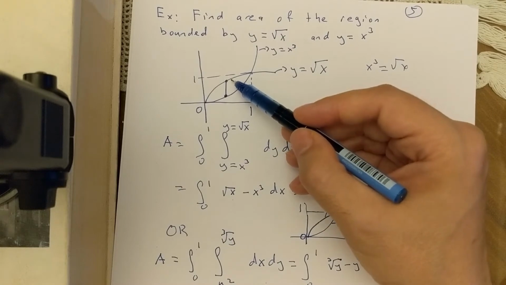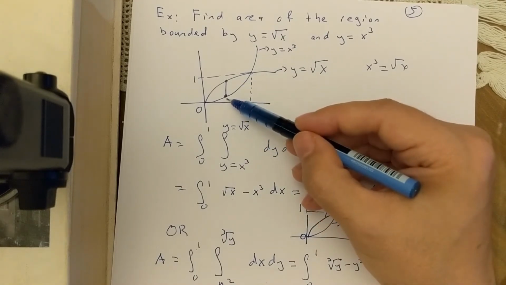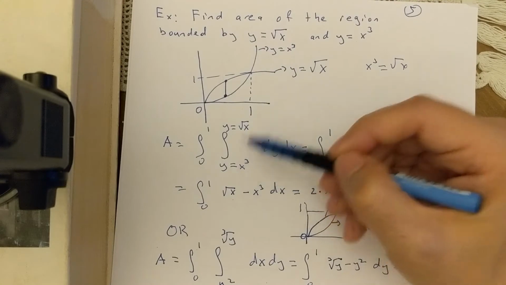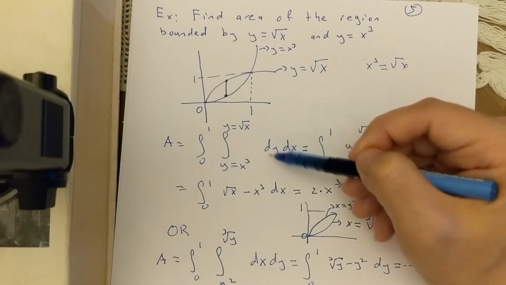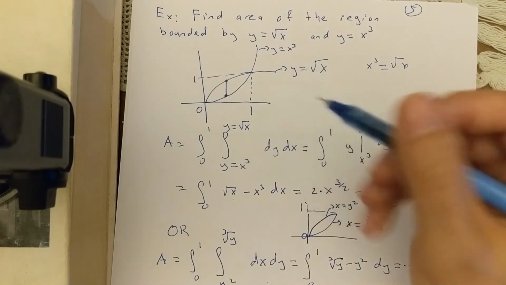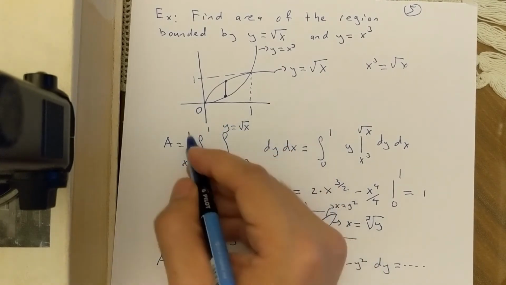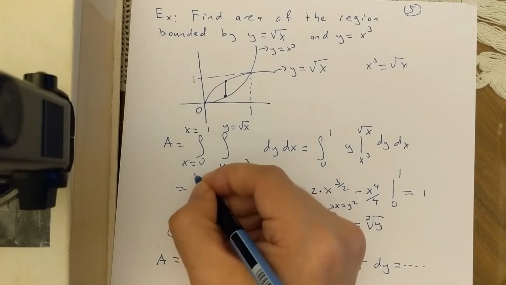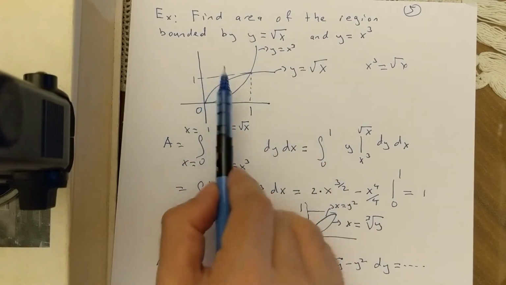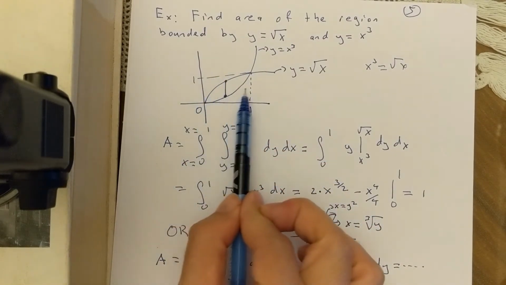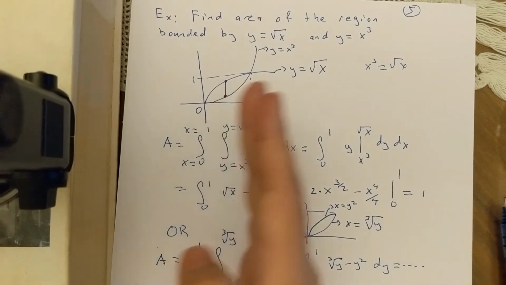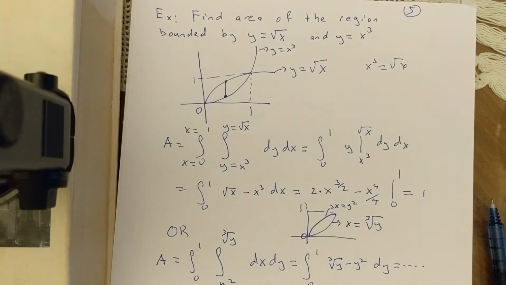What's on the top? Y equals square root of x. What's on the bottom? Y equals x cubed. That's going to be a dy because we're talking about y. On the outside, x goes from 0 to 1. These vertical elements sweep sideways from 0 to 1, and when they sweep the whole region, I'll get the area.